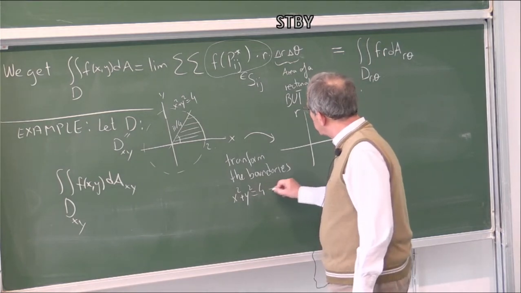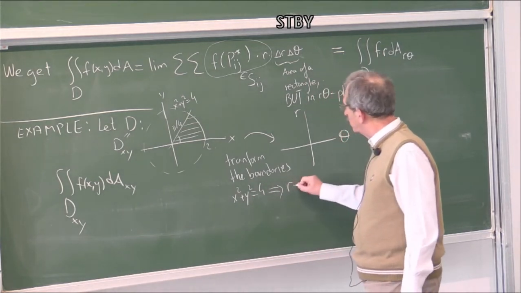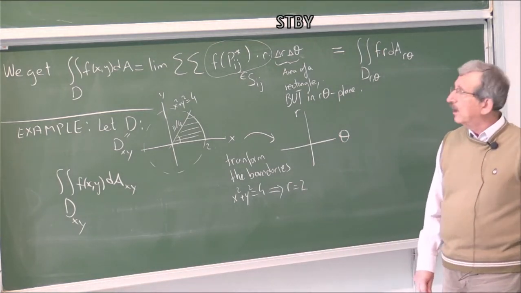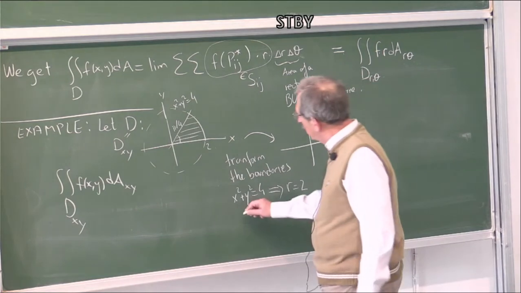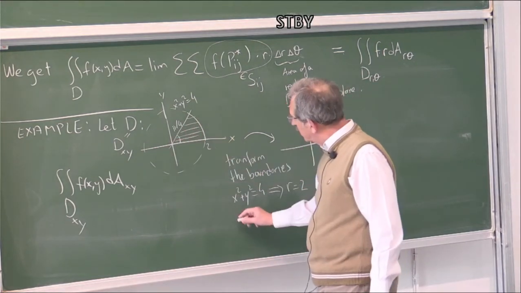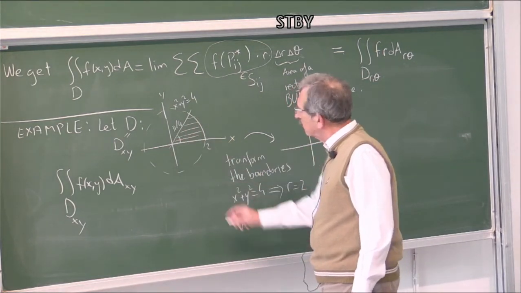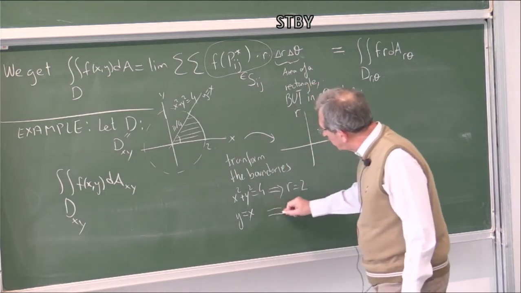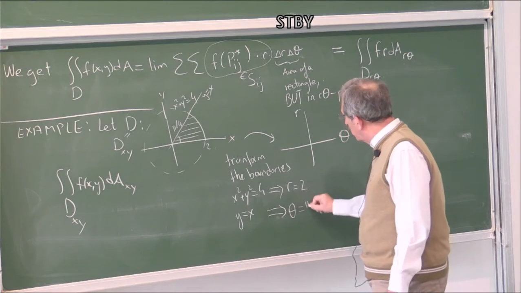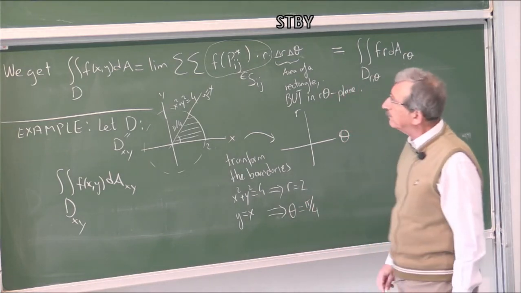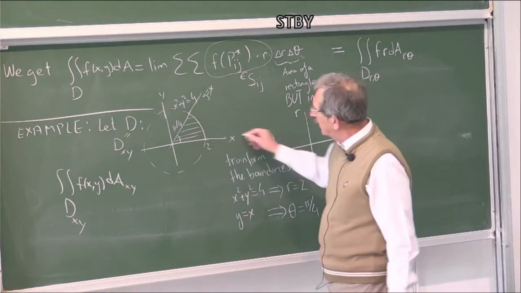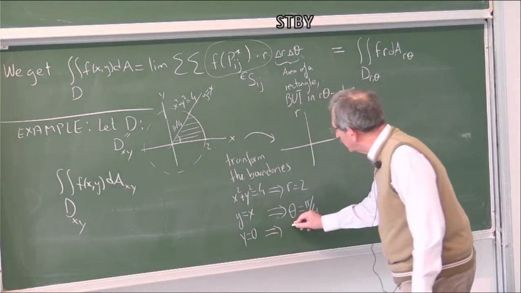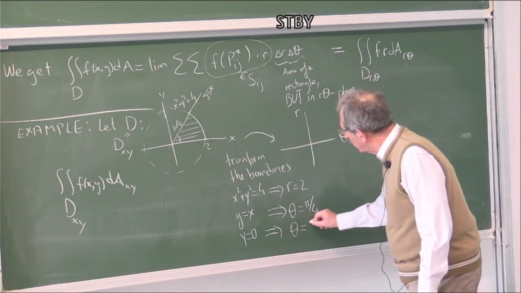Now this changed into r is 2, because the radius is 2. And we have y is x, that is this line, but that transforms into theta is pi over 4 directly. And of course, we have the x-axis. It transforms into theta 0.